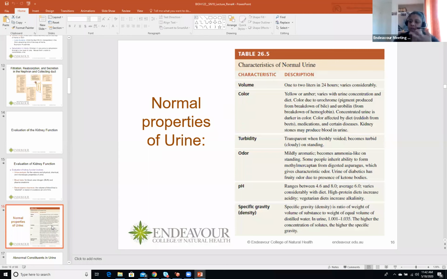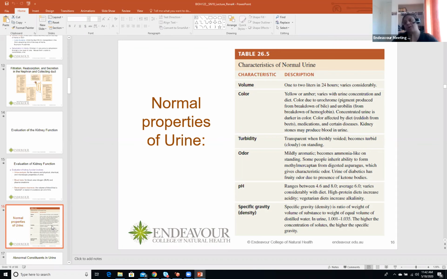Whatever fluid you take, the amount of fluid that is eliminated is pretty much balanced, right? So the volume of urine depends upon the volume of water or fluid that has been taken throughout the day. So assuming that a person drinks about 1 to 2 liters of water throughout the day, the volume of urine in 24 hours is about 1 to 2 liters. Of course, this will depend on the person's water intake as well.